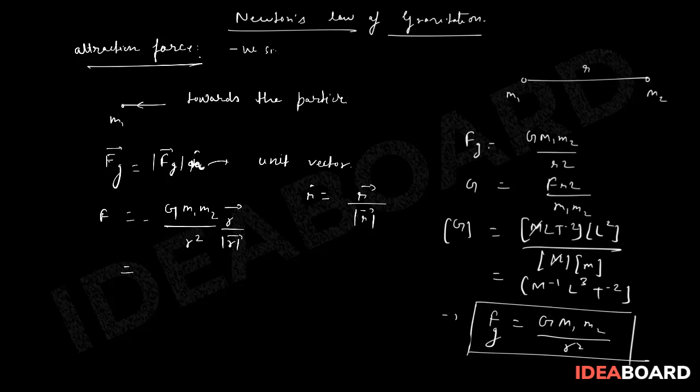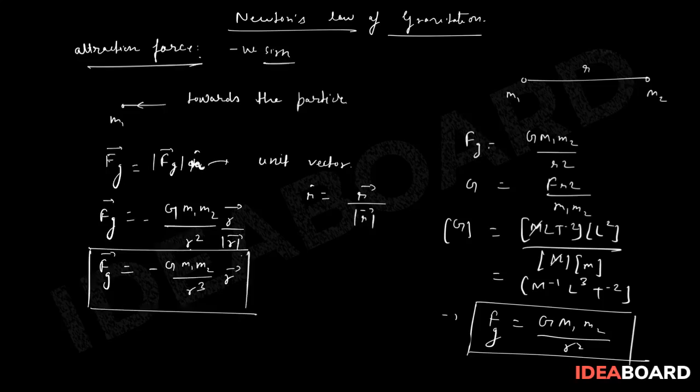So we can write vector Fg is equal to minus G m1 m2 upon r square, and this mod of r will become r cube vector r. So this is going to be the final expression in vectors. This is Newton's law of gravitation.